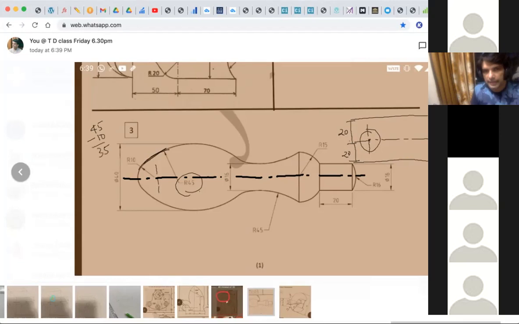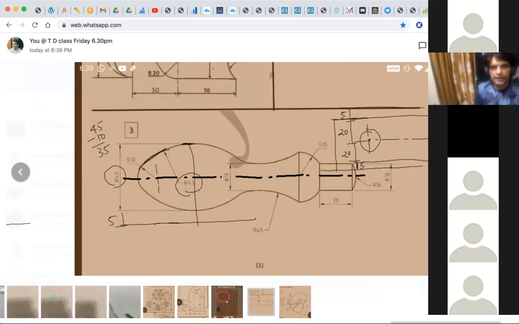But on which line? From here, the center would be how much down? 45. If you see, this is 40, so how much do I have to go down max? 5. You understood? So from this line, you go 45 down and draw a line. Meaning from the 20 line, you go 5 up, 5 on both sides. You draw a line, you draw a circle, you go 20 up, 20 down.